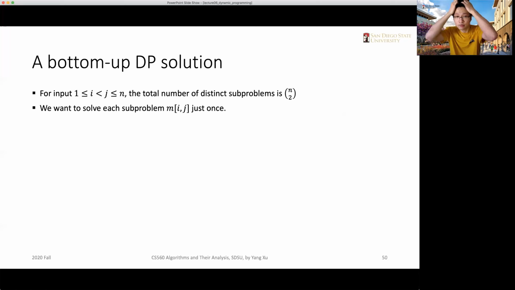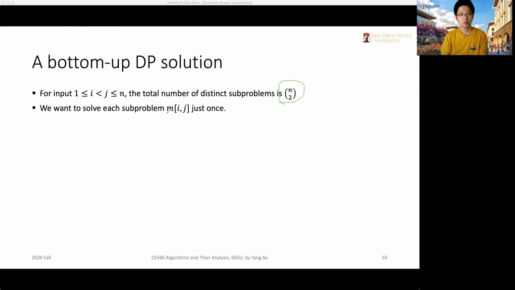And the total number of distinct subproblems is the quantity of choosing 2 distinct elements among n elements, right? So this expression is the number of combinations, right? N choose 2.